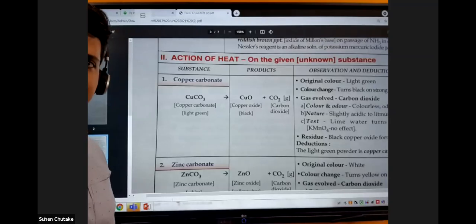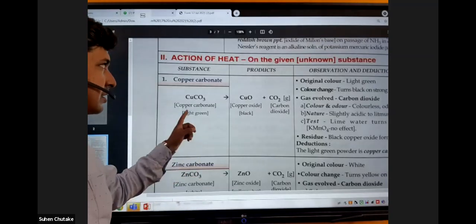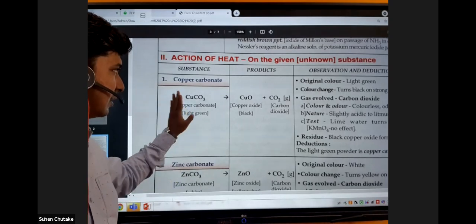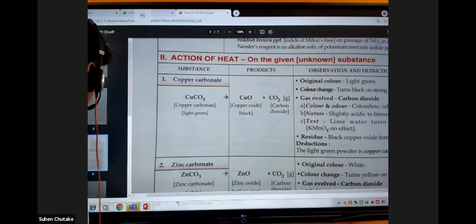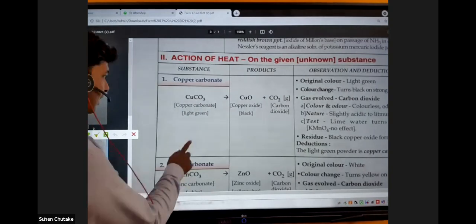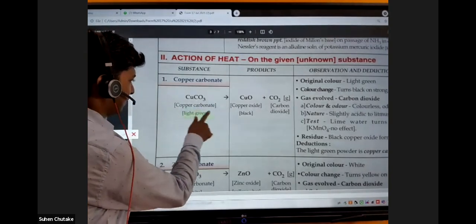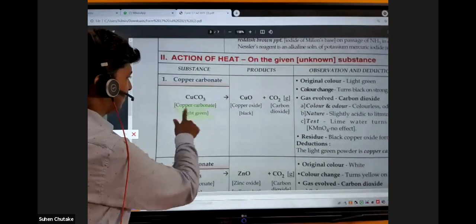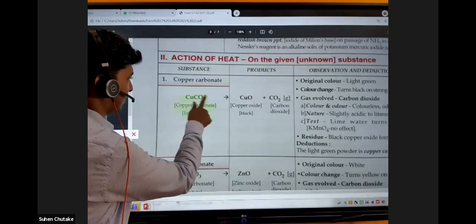How we can identify this change in color? We can identify the change in color or the observation as you can shade this with light green. Let me check if I can do it here. Yeah, I can shade it with light green. This light green color you will remember.